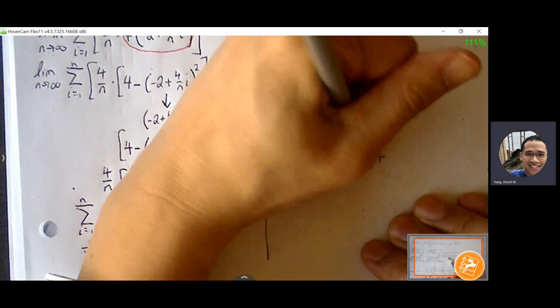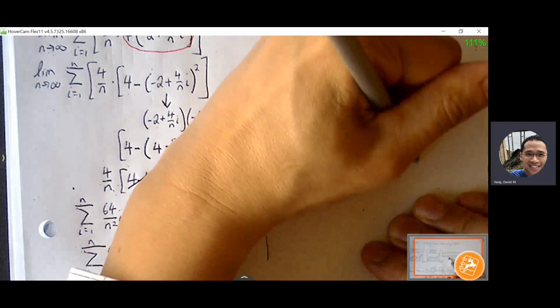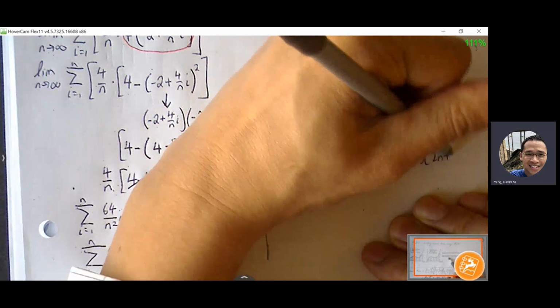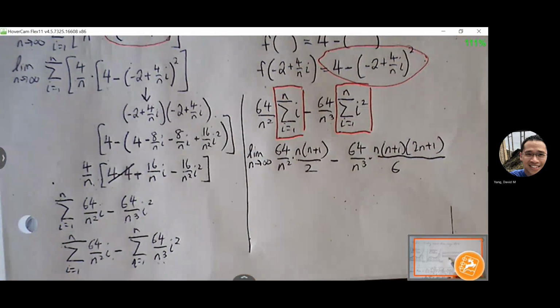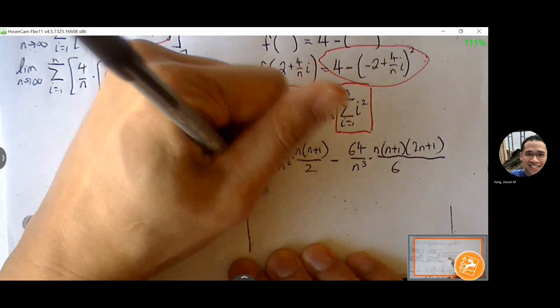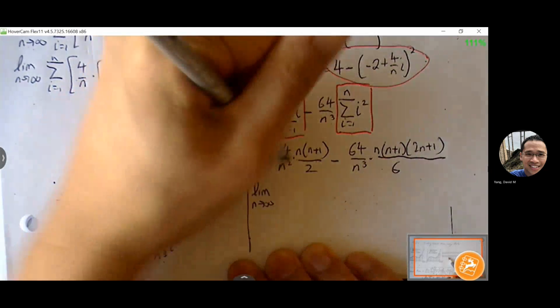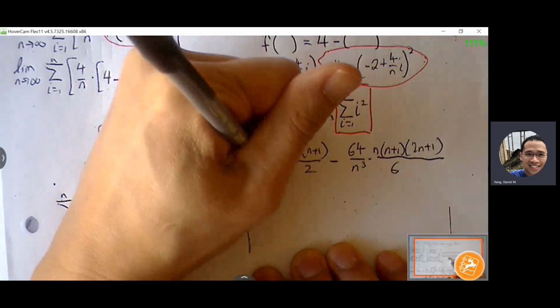Minus 64 over n cubed. This is n times n plus 1 times 2n plus 1 all over 6. This one is not too bad to distribute. I'll go ahead and do all that. It's not too much work.